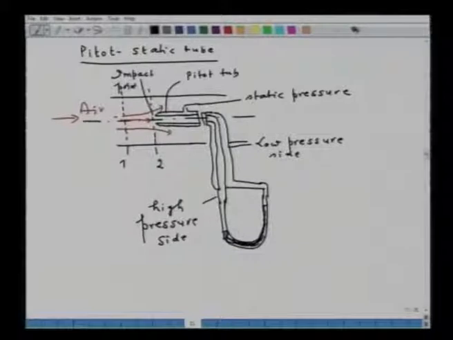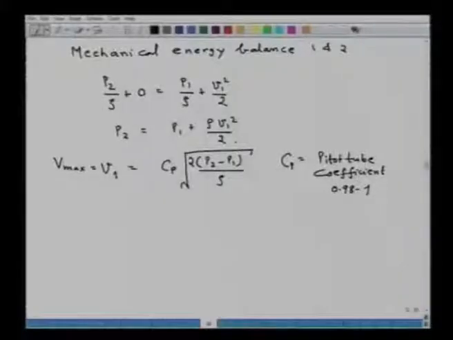So, we are measuring the velocity at the center of the air which is striking the pitot tube. Therefore, what we are measuring is the maximum velocity, because we have directed the pitot tube at a particular point. There could be a velocity distribution across the pipe.